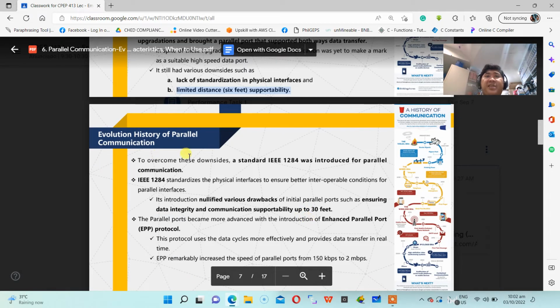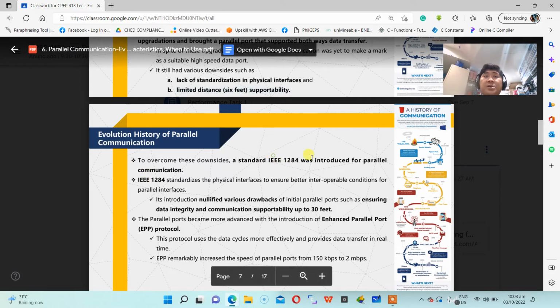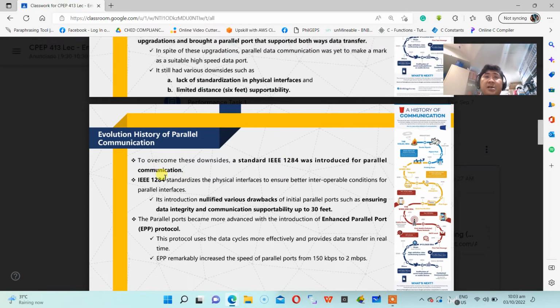So, to overcome these two downsides, the IEEE 1284 standard was introduced for parallel communication. To solve those drawbacks, IEEE 1284 standardized the physical interface to ensure better interoperable conditions for the parallel interface.